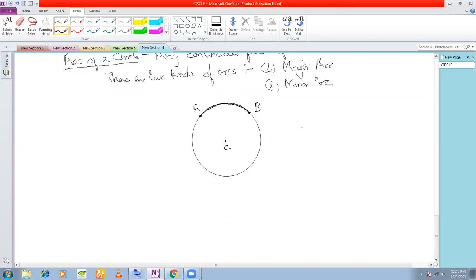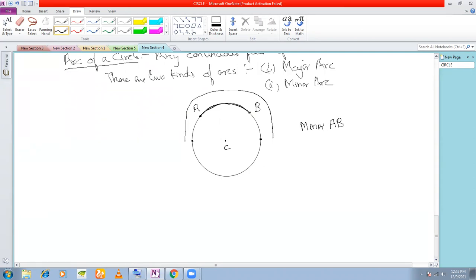This is denoted by minor, because this is less than half the circle. This length is half the arc. So that is why it is called the minor arc.